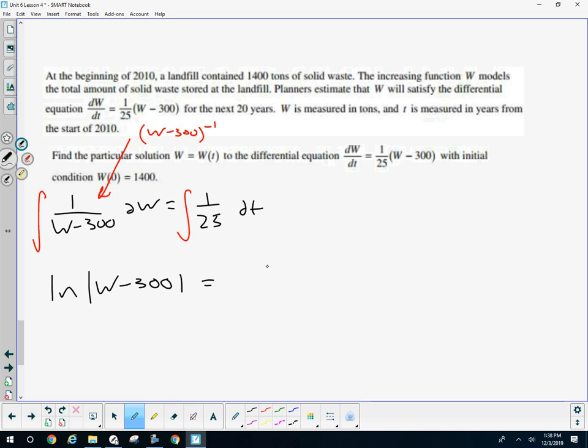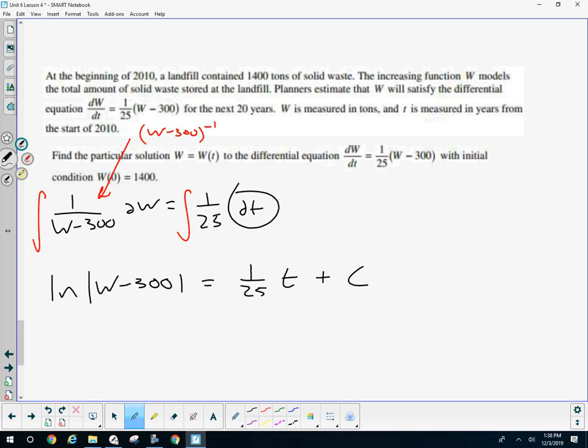The right side, easy. 1/25, but not x, because I'm using t's. Don't forget your plus c. If you have dt, you're going to have t's. If you have dW, you have w's. Nothing fancy, nothing crazy. We're just using different variables.